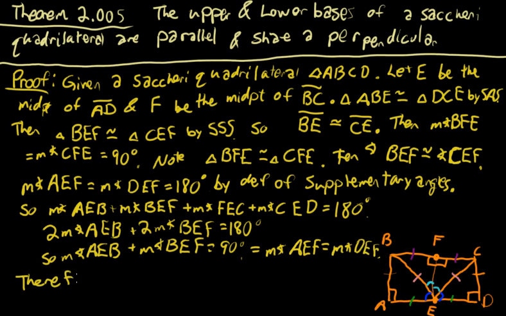So therefore, AD is parallel to BC. And they share perpendicular EF.